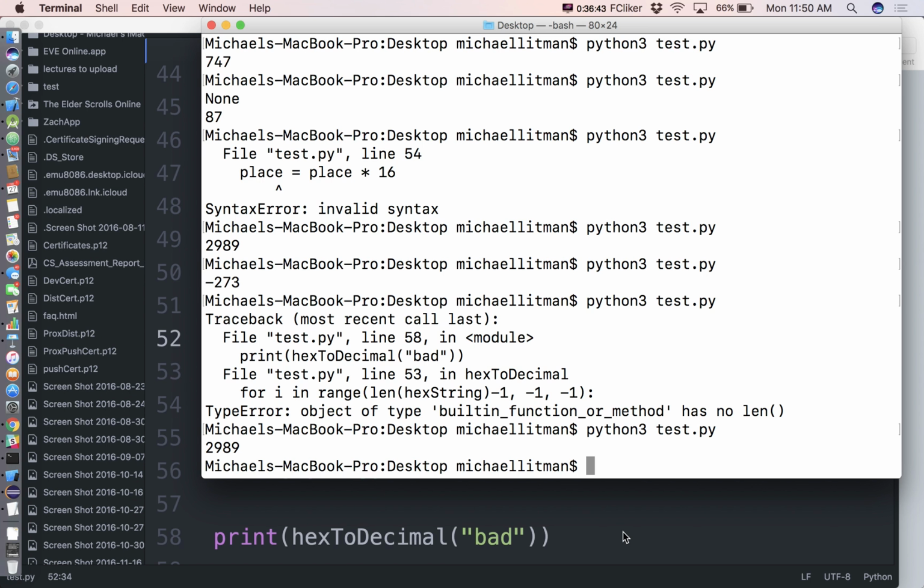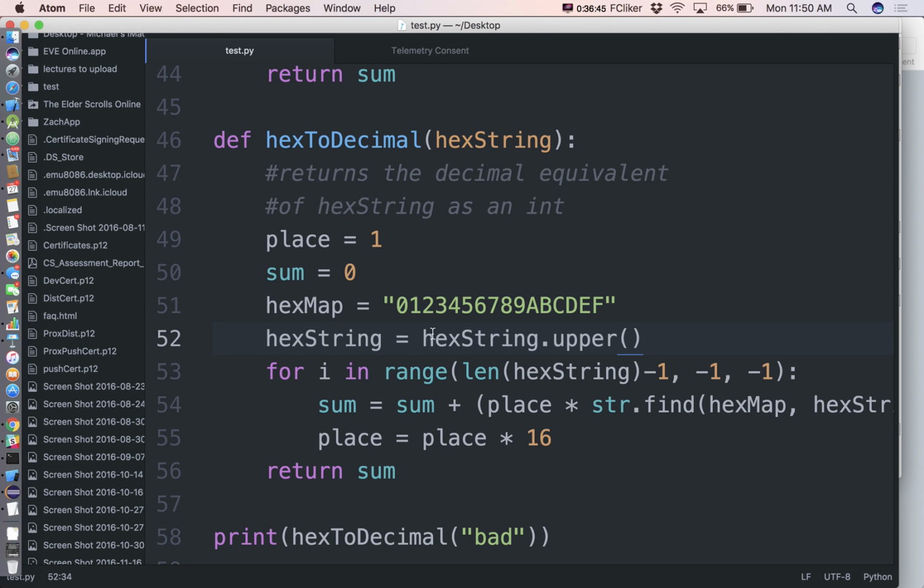So upper is a function. So this is saying take this string, call its upper function on it, which converts it to uppercase, and move on with life. Not important for us right now. If your code only works for uppercase letters or only for lowercase letters, unimportant for us. That doesn't break our practice of problem solving. Because that's really what we're doing right now, is we're drilling our problem solving.